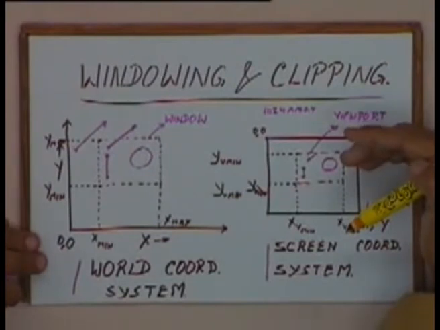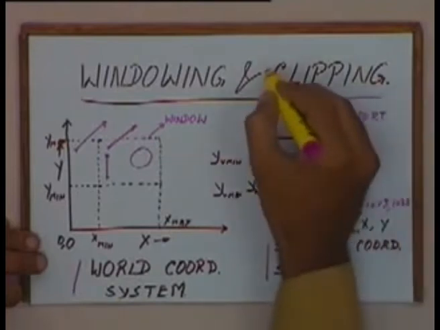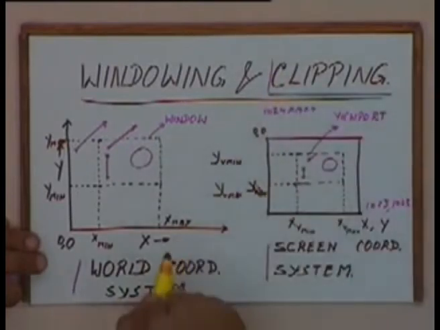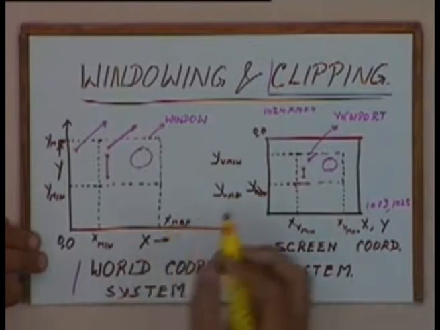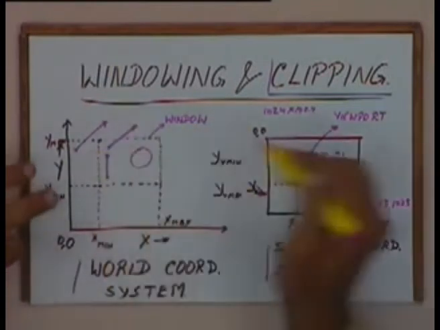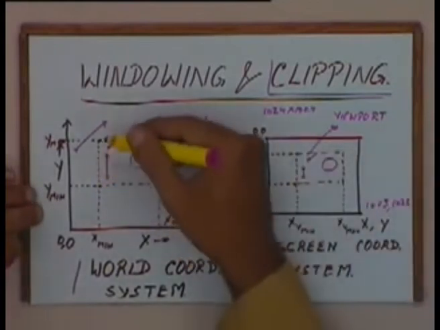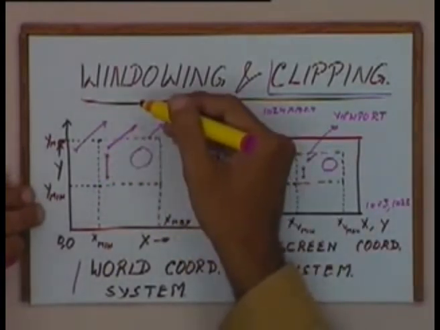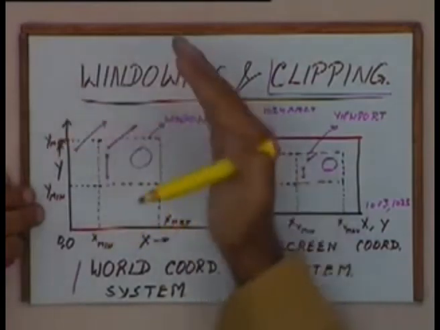Is that okay? So that is what we mean by clipping. Whatever is inside, that should be drawn completely. Whatever is outside the window, that should not be drawn. Whatever is partially inside and partially outside, that should be cut along the edges.